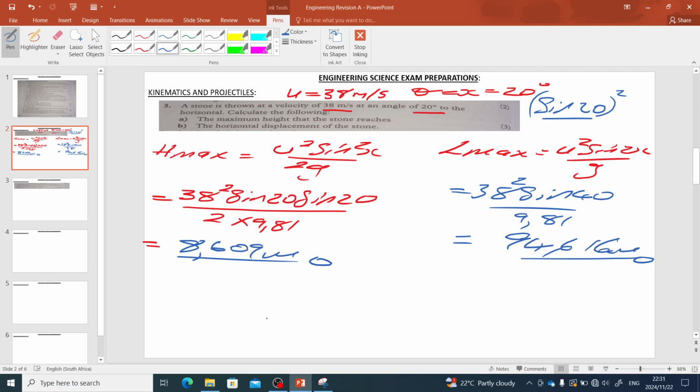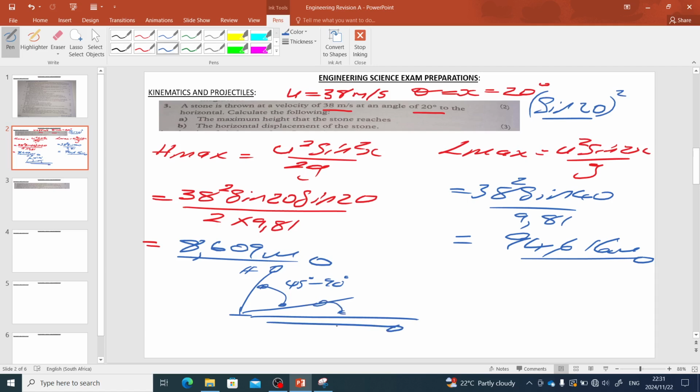It makes sense because we said that for us to be able to get the greatest height, the angle of projection has to be from 45 degrees to 90 degrees. But if we were to get the greatest displacement, the angle of projection has to be from 45 to 0 degrees.